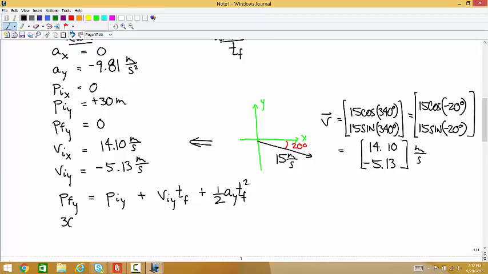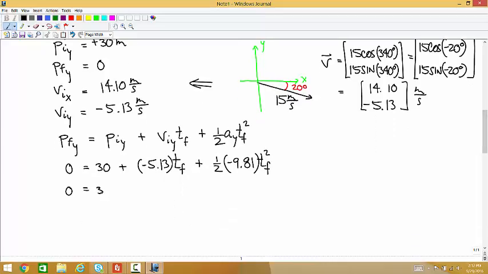So 30, nope, try that again. 0 is equal to 30, excuse me, plus negative 5.13 TF plus 1/2 times negative 9.81 times TF squared.